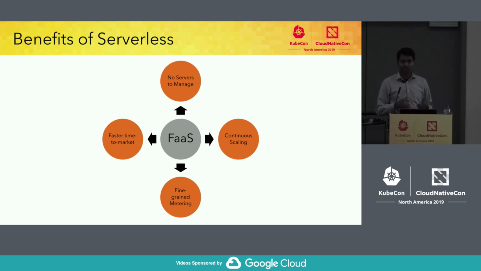With serverless, you don't have to manage any servers. Everything is managed by the cloud provider. Continuous scaling, again, you don't have to worry about. Amazon and Google will worry about scaling those functions. So if at peak time you want to run thousands of functions concurrently, the cloud provider will run thousands of functions concurrently for you. Fine-grained metering: you only pay when the functions are invoked.